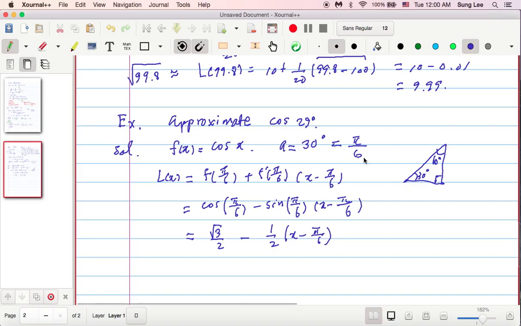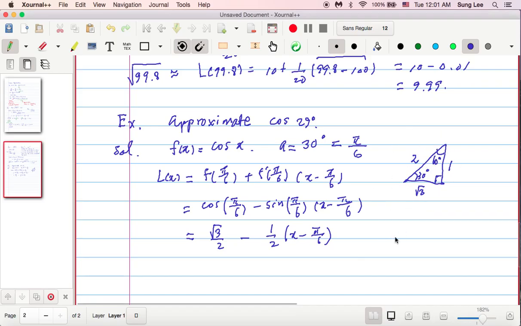So in this case you have the following ratio: the base is square root of 3, the height is 1, and the hypotenuse is 2, right?